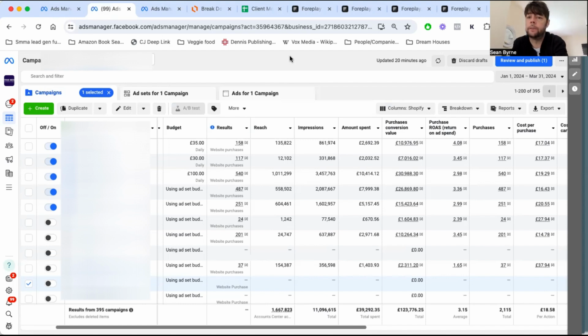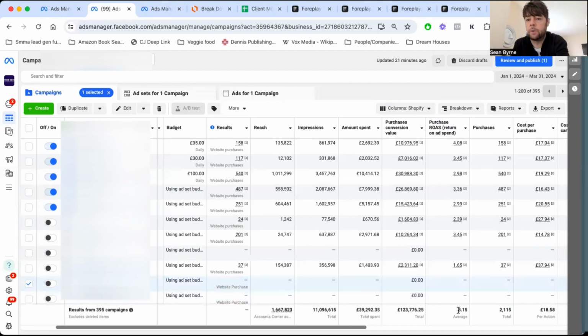And then you've got February, where you can bank on Valentine's Day. And then March, where we did a St. Patrick's Day kind of thing as well. So that all accumulated for Q1, which turned out pretty well, as you can see, because we spent just under 39,292 in ad spend and returned 123,776.